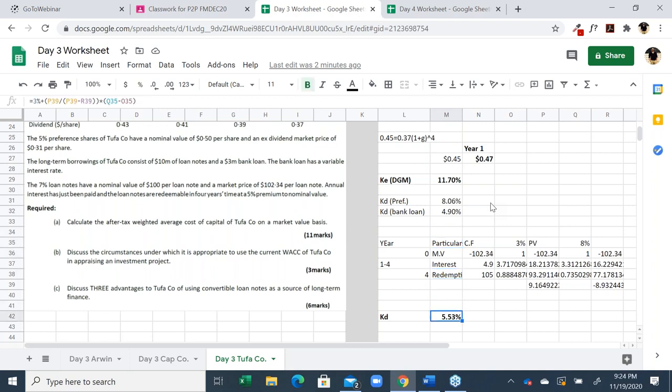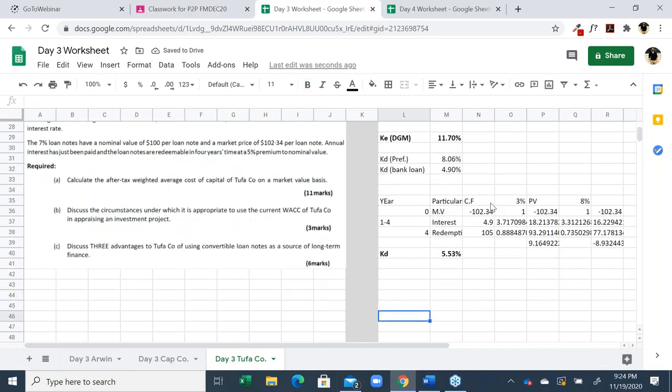Okay, now let's calculate the weighted average cost of capital. We have to first calculate market values, and then we need to calculate the weighted average cost of capital.